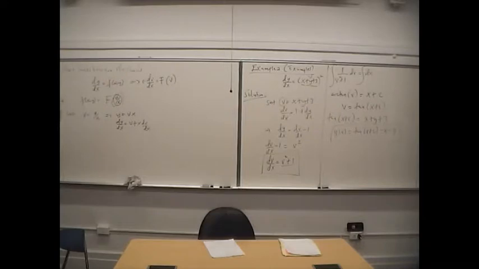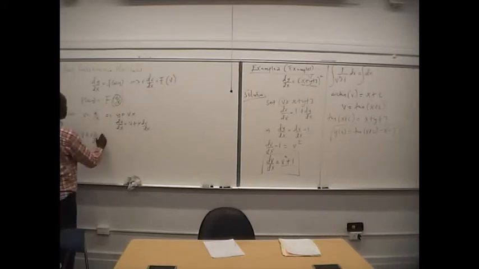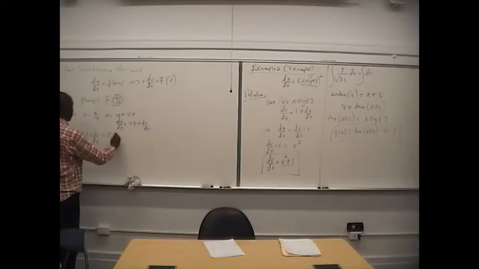And then we can send that over there. So replace my dy dx with v plus x dv dx, and this is supposed to be some f of v.